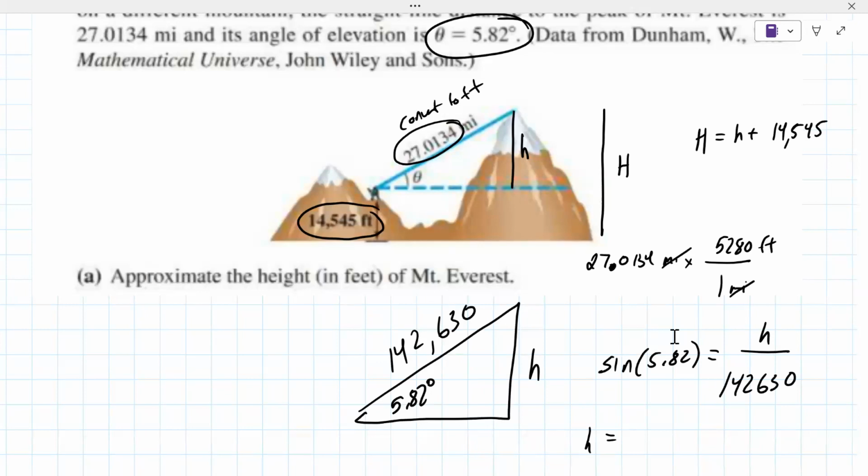Oh wait, it's that 0.752. So would I round it up to 142,631? Yes, you can. That number is so big that it isn't super significant, but sure, that's a good thing to do.